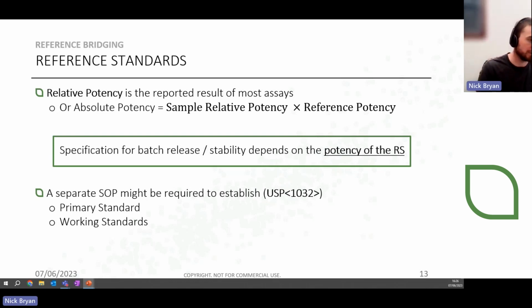These can be used throughout the assay's life cycle, and we can use the primary reference standard to qualify our new working standards.